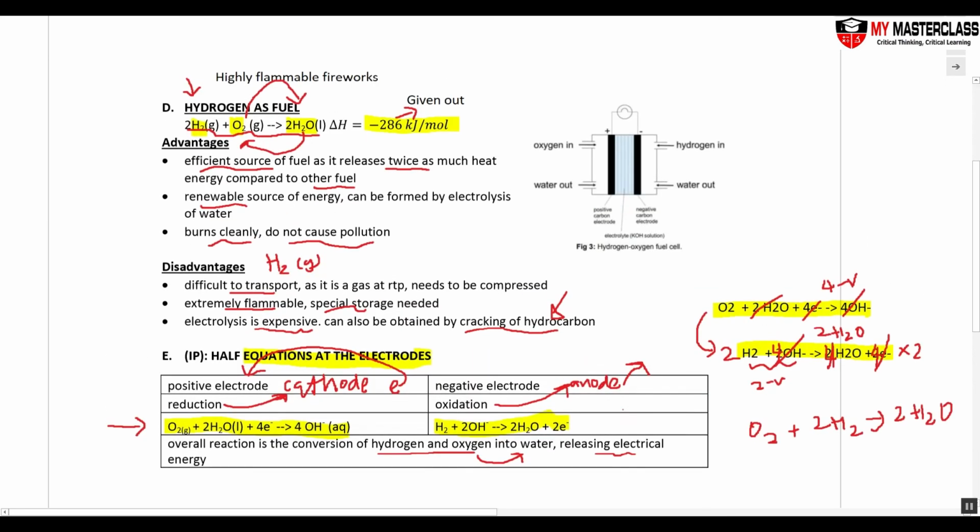A simple diagram will look like this: a hydrogen fuel cell. I put in the oxygen here, and I put in the hydrogen here. My oxygen is my positive electrode, and my hydrogen is the negative electrode. The electrodes that I'm going to use are positively charged and negatively charged carbon electrodes.